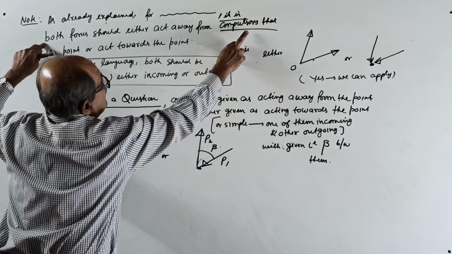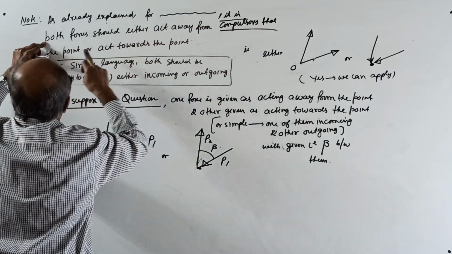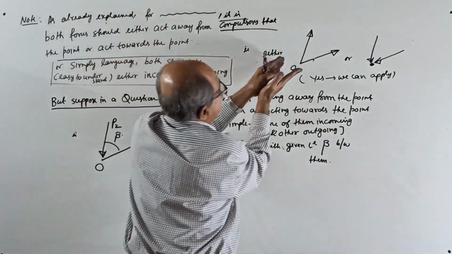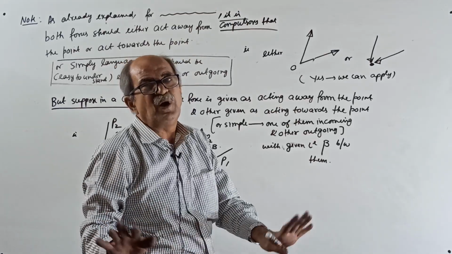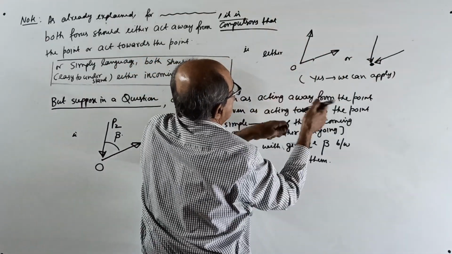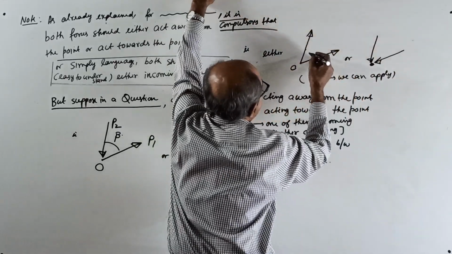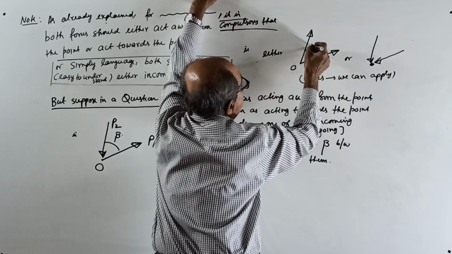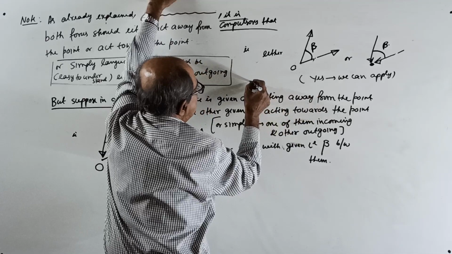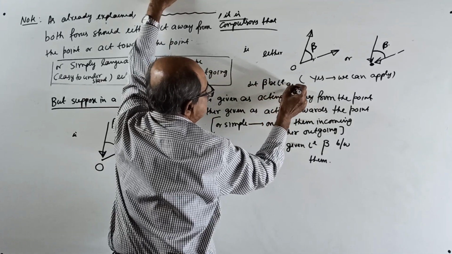Then it is compulsory that both forces should either act away from the point or act towards the point. See here, both are acting away, or both are acting towards. Let beta be the angle given in the question.